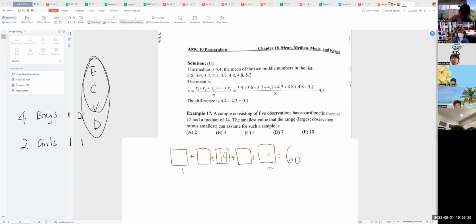the range being this one minus that one, so x minus y. Smaller the better. How to make it smaller? This number smaller the better, and that number bigger the better. 因为是 x 减去 y，所以 x 要越小越好，and y as big as possible.